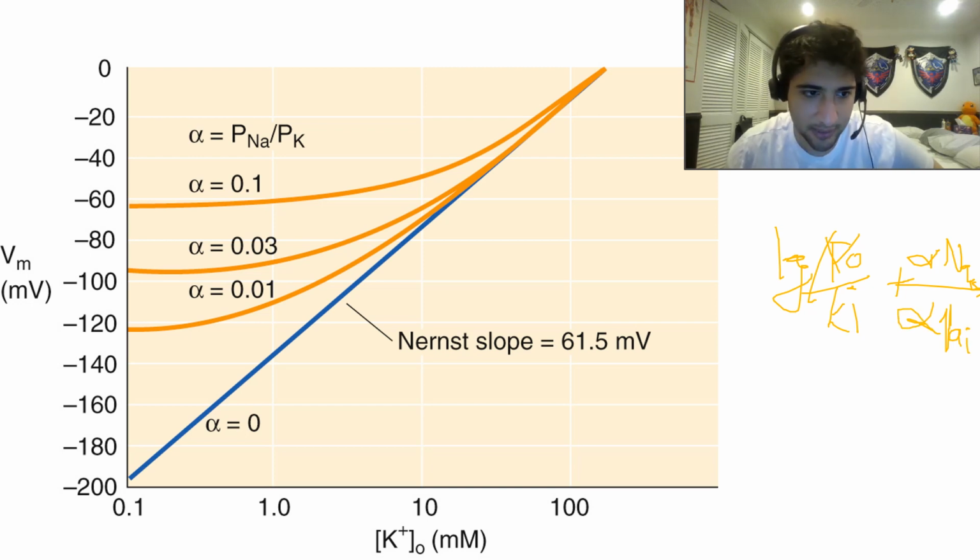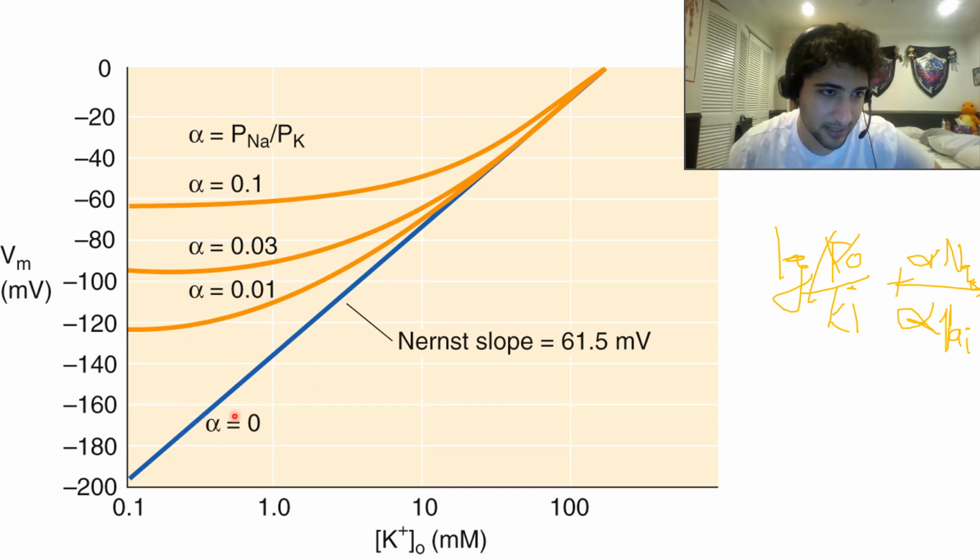It's basically zero. So when alpha is zero, the membrane potential only really directly corresponds to potassium. So as you see the potassium concentration here, the membrane potential here, and it's a straight line passing through the origin.